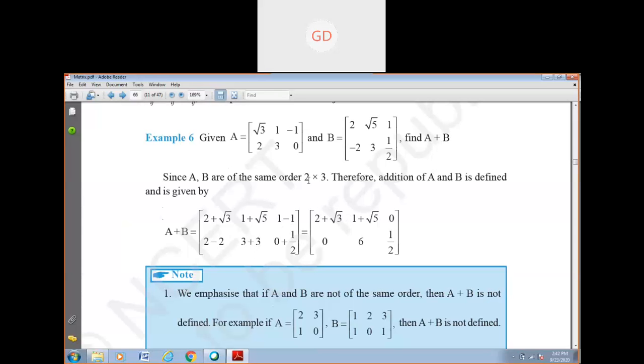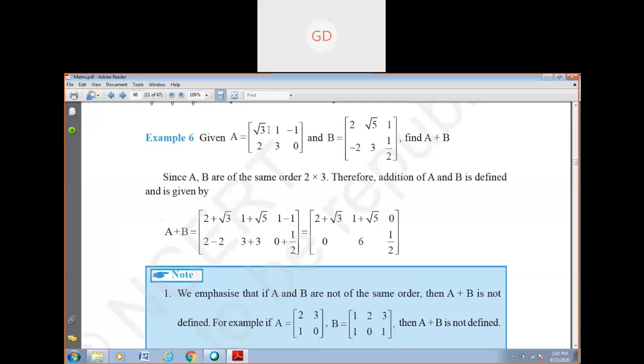So here I can mention for your confidence, exactly the same concept applies for subtraction also. In these examples, if we need to find A minus B, then also the procedure is similar.